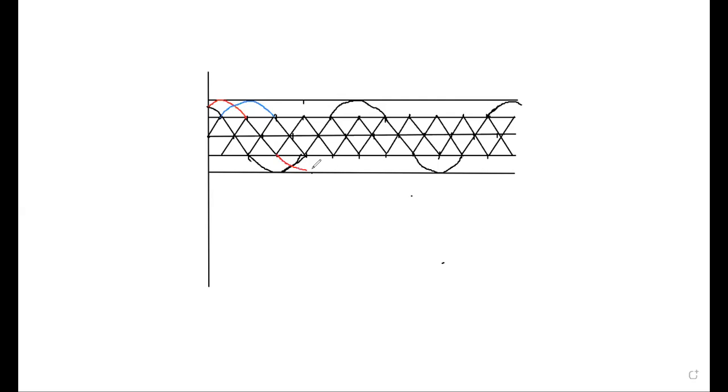Similarly this is our red phase. It is continuously like this. So this is our blue phase.